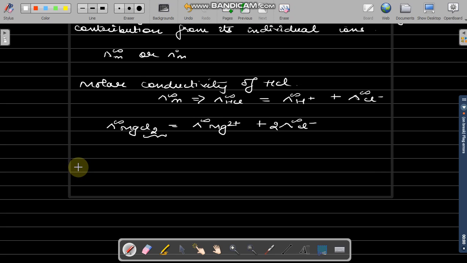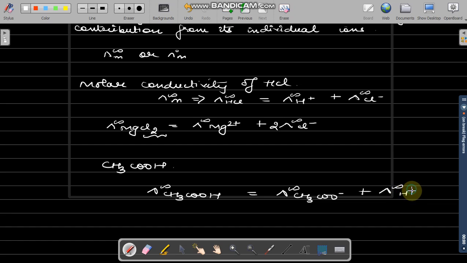Similarly, for acetic acid, the molar conductivity at infinite dilution is going to be CH3COO minus, that is the acetate ion, plus the H plus ion. This is according to the statement of the Kohlrausch law.